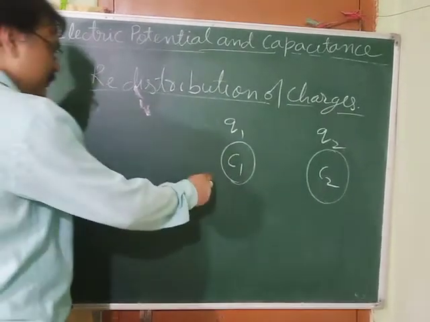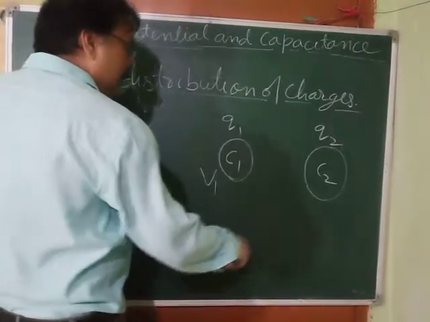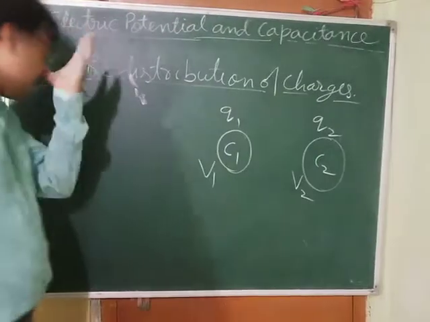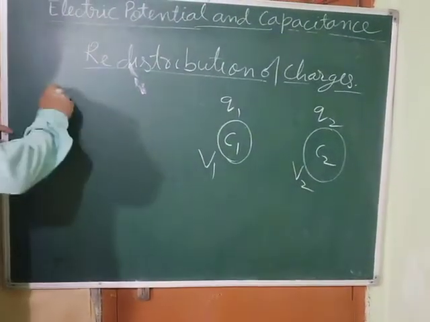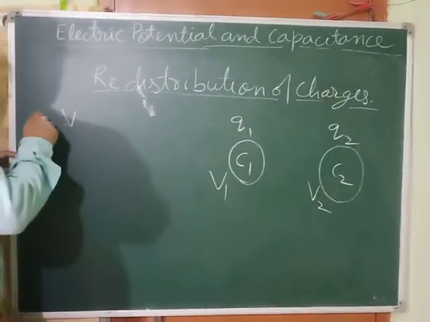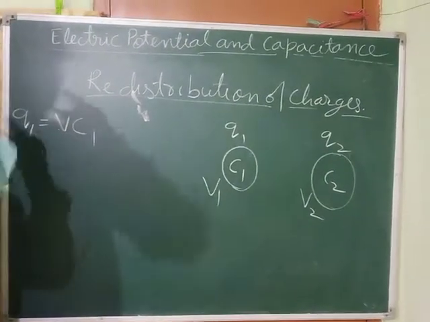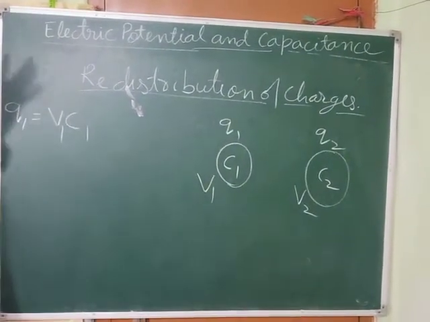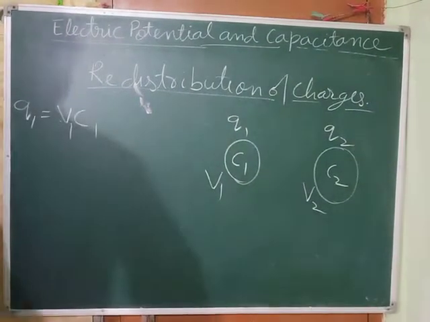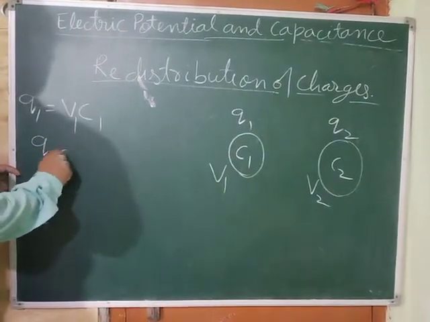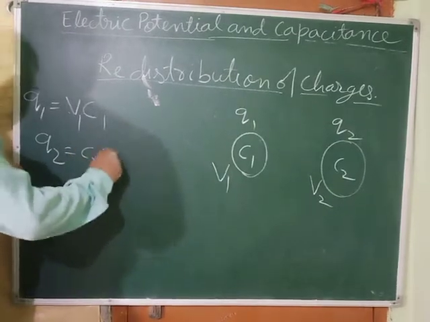Let its potential be V1 and the other's potential be V2, initially. Now we can write that Q1 is equal to C1 V1, and for the other one we can write Q2 is equal to C2 V2.